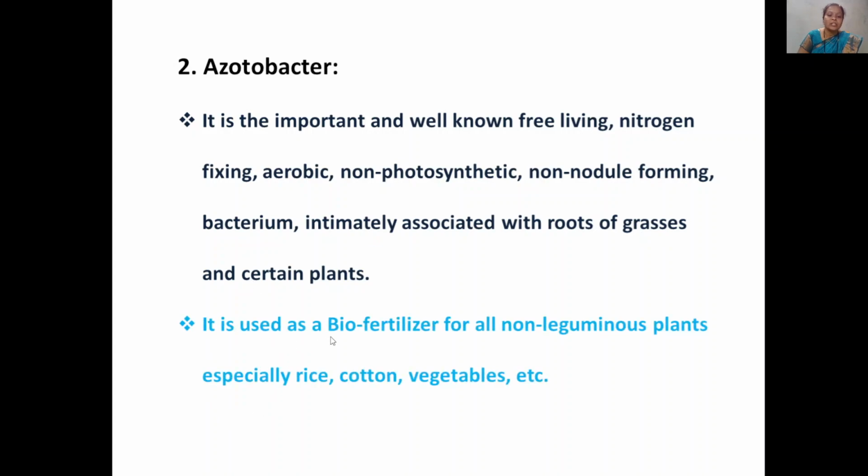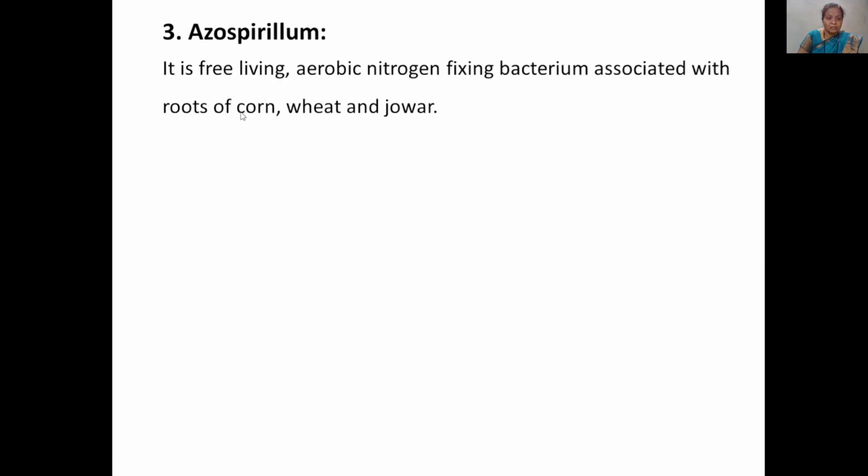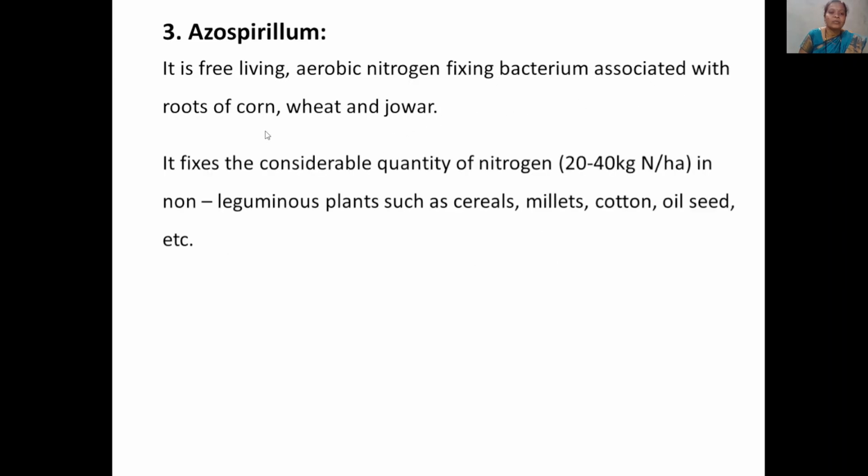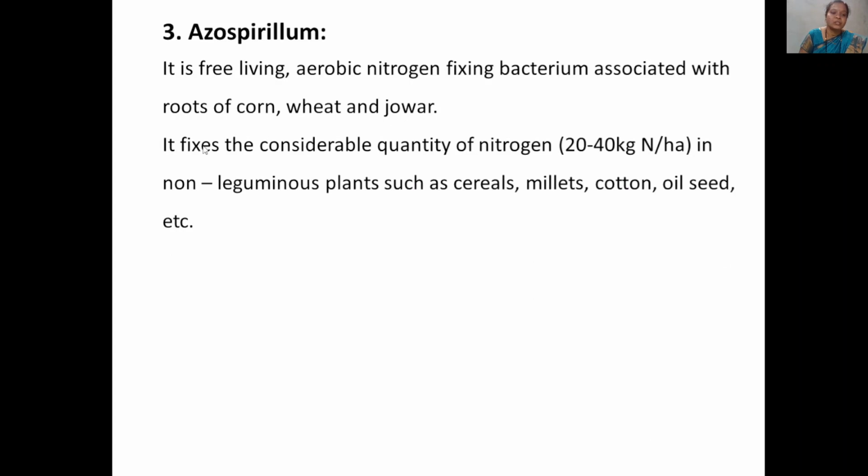It is used as a biofertilizer for all non-leguminous plants, especially rice, cotton, vegetables, etc. Third, Azospirillum. It is a free-living aerobic nitrogen-fixing bacterium associated with roots of corn, wheat, and jowar.